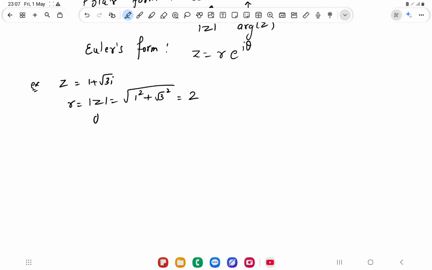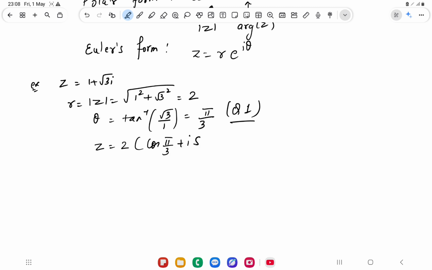The second one is the argument theta, that is tan inverse b by a, and tan inverse of root 3 is pi by 3. Now since this comes in quadrant 1, there is no adjustment needed. So once we get our mod z and theta, we can write z as r cos theta plus i sin theta. And if you put the cos pi by 3 and sin pi by 3 values, you will get the Cartesian form again.